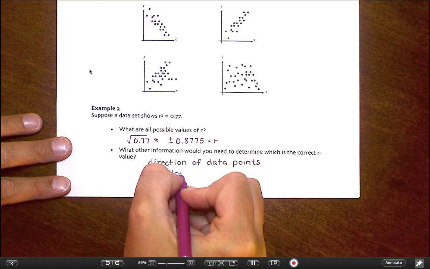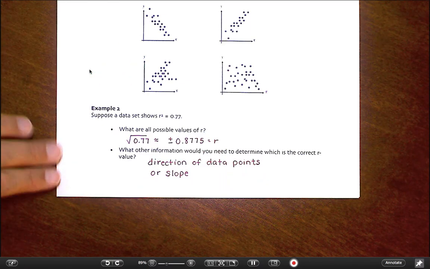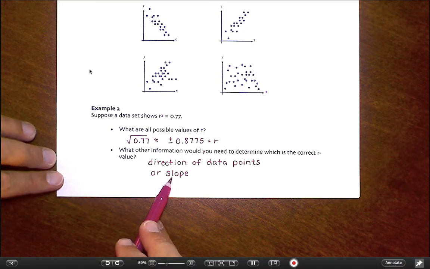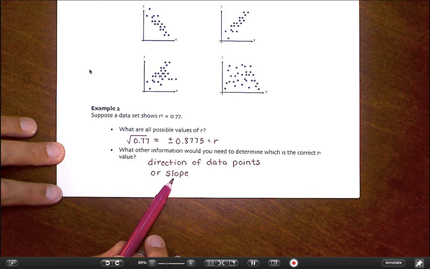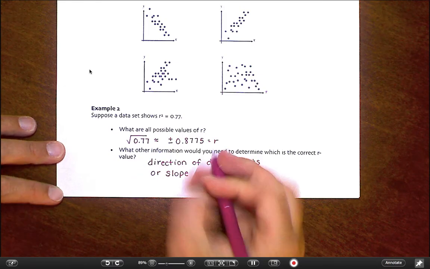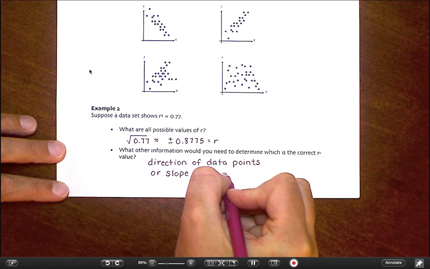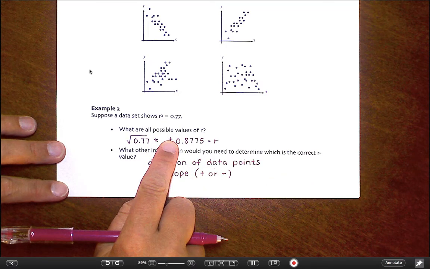So if I didn't have a picture, but if I had an equation for a line of regression, the slope being positive or negative would indicate whether the R value is positive or negative. So if slope is positive or negative, that R value is going to match whatever it happens to be.